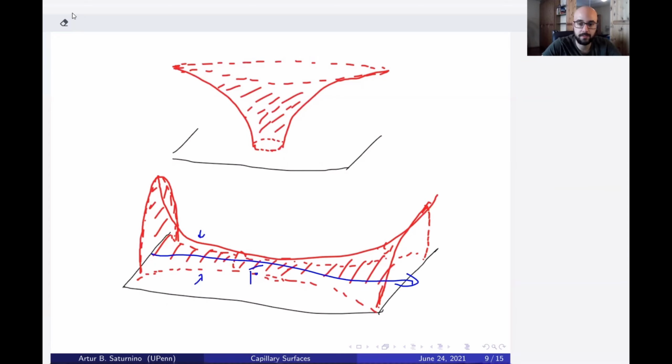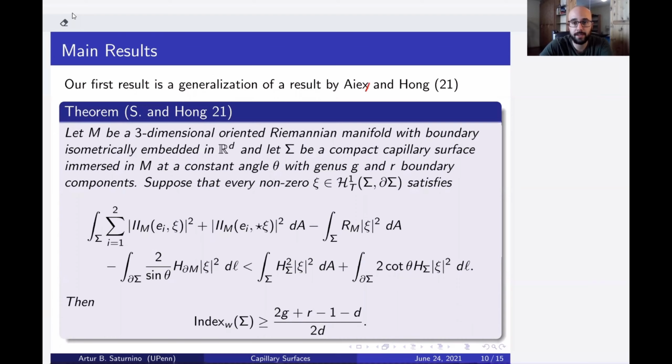So now we talk about our main results. The first main result is an index estimate, and it's a generalization of work by Ajax and my collaborator, Hong. So for this theorem, we assume that M is a three-dimensional oriented Riemannian manifold with boundary embedded in RD, where D is some integer.